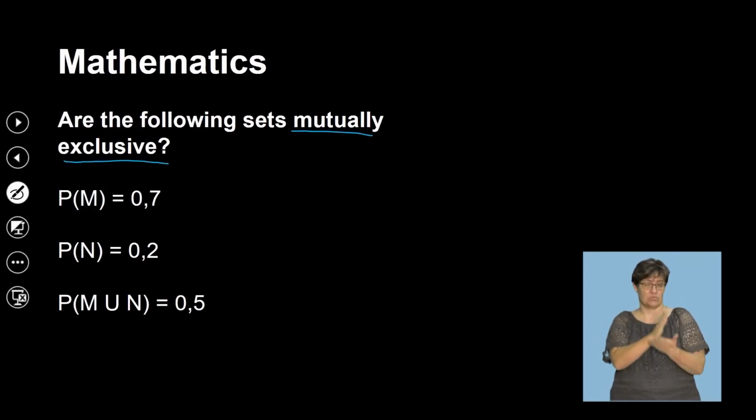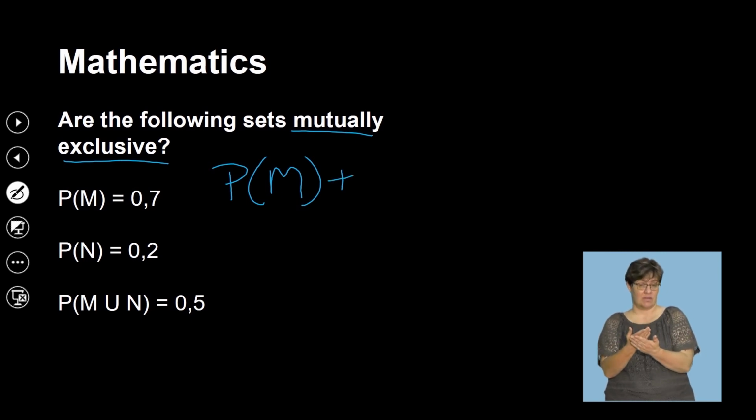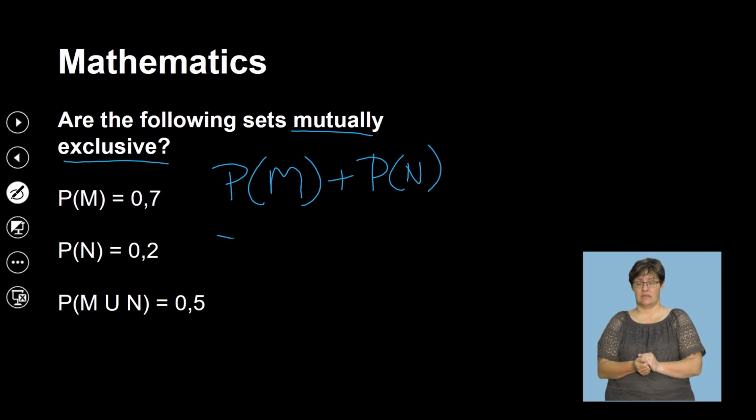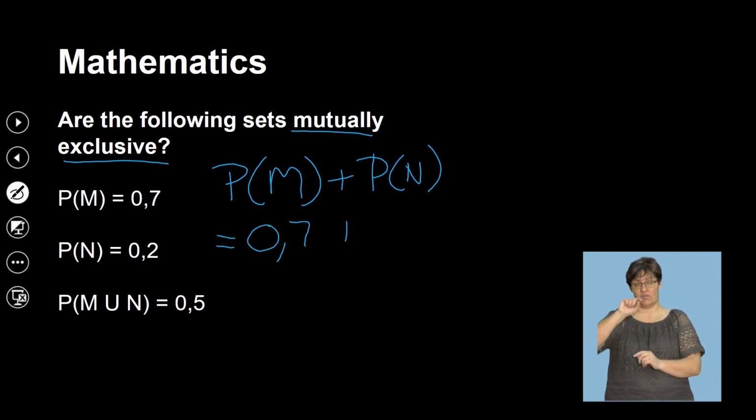So let's make sure that we've got this clear. For mutually exclusive sets, we can say, let's take the probability of M happening plus the probability of N happening, and we can say that's 0,7 plus 0,2.